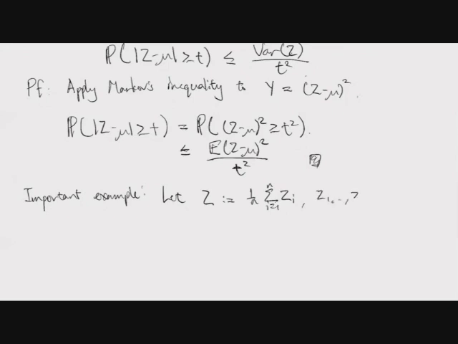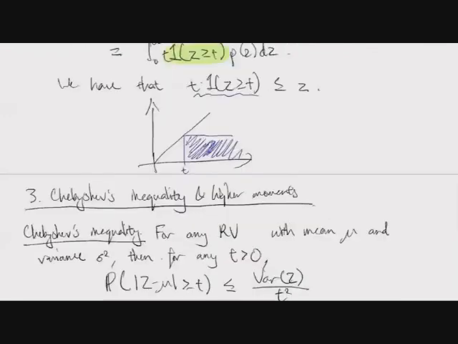Okay, so z_1 to z_n are IID with mean mu and variance sigma squared. Okay, so what happens in this case?